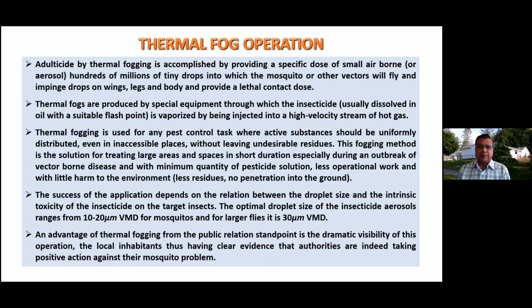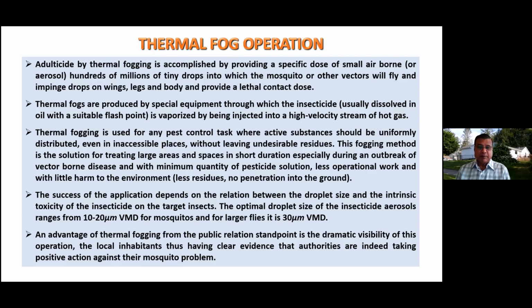So that is very, very important. The droplet size should be small so that it is airborne. At the same time, the toxicity of the insecticide should be optimum so that the mosquitoes or the insects get killed once they are exposed to these molecules.